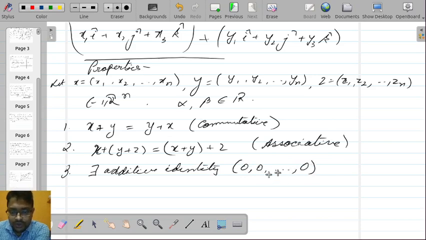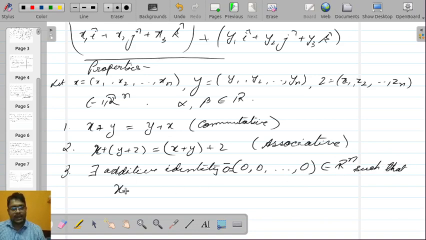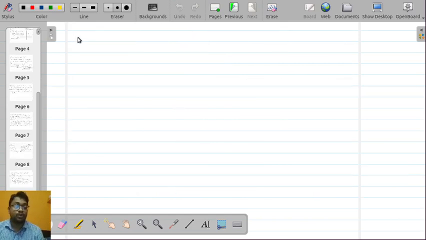If I take all elements as 0, let us write it as 0 bar, such that any element x added with this 0 vector will give you the element x itself, for all x inside R to the power n. So this is the additive identity in R to the power n, all zeros. So this is the 0 vector.